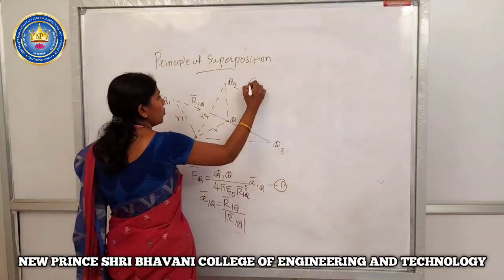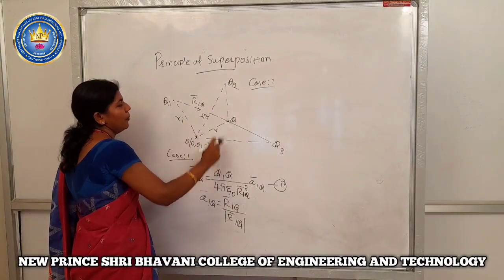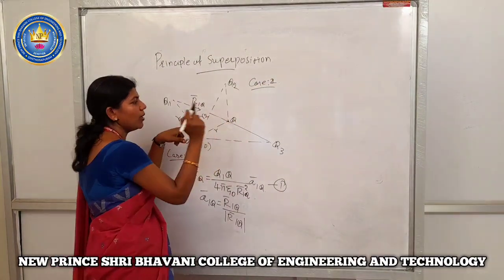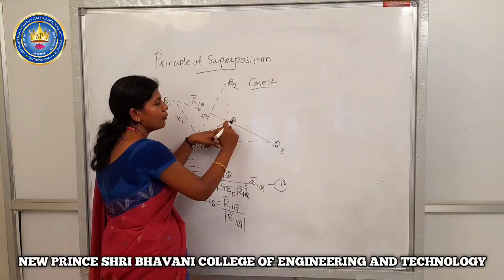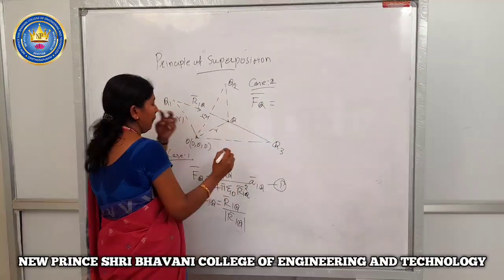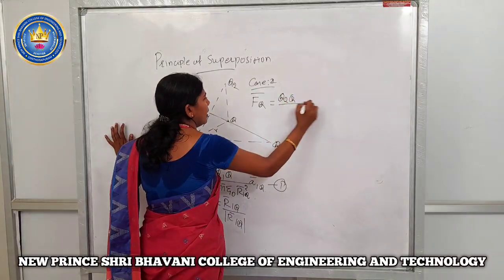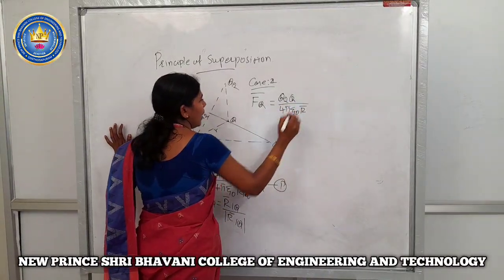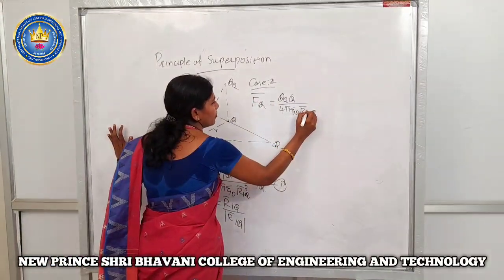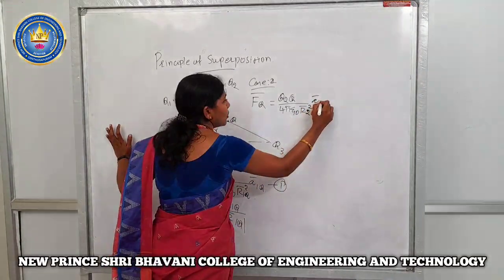Next, case 2. In case 2, because charge Q is surrounded by 3 different charges, Q2 exerts force on Q. So here also we calculate the force on charge Q. The equation is F Q bar is equal to Q2 Q divided by 4 pi epsilon naught r bar 2Q squared into a bar 2Q, the force on Q due to charge Q2.